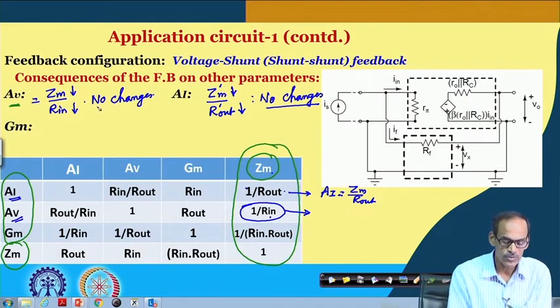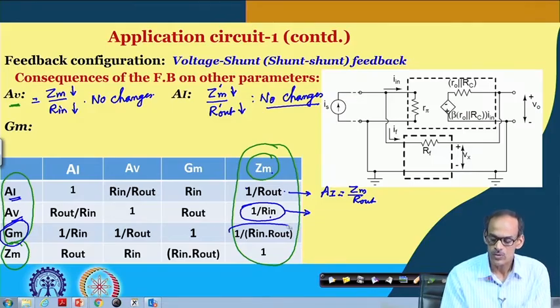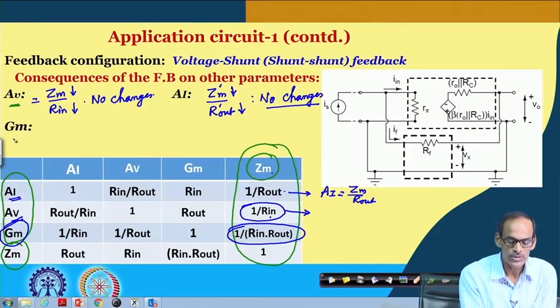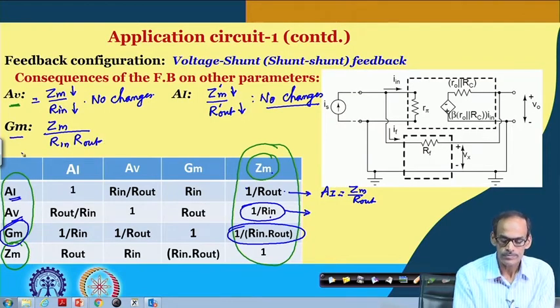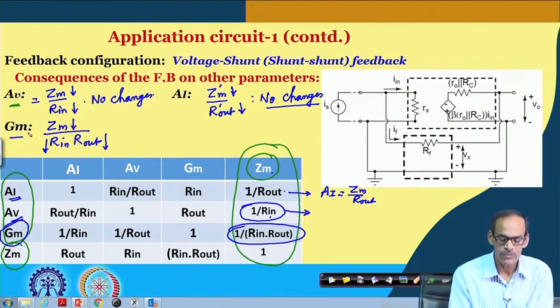On the other hand, if you see the transconductance Gm, and look into this entity, that gives us Gm equals Zm divided by R in and R out. Both R in and R out are getting reduced by the same factor, and Zm is also getting reduced by the same factor.